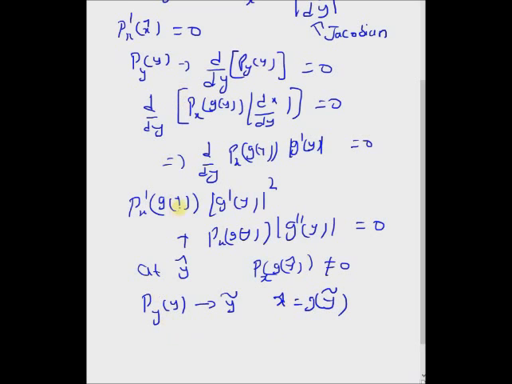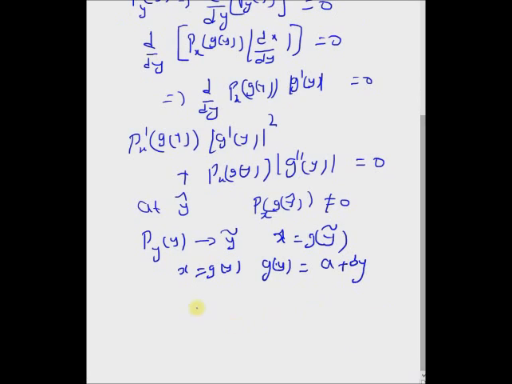But when the relation is linear, that is, when x equal to g of y is just a linear transform, g of y equals a plus b y, then the maxima correspond to the same location, that is x hat equal to g of y hat.